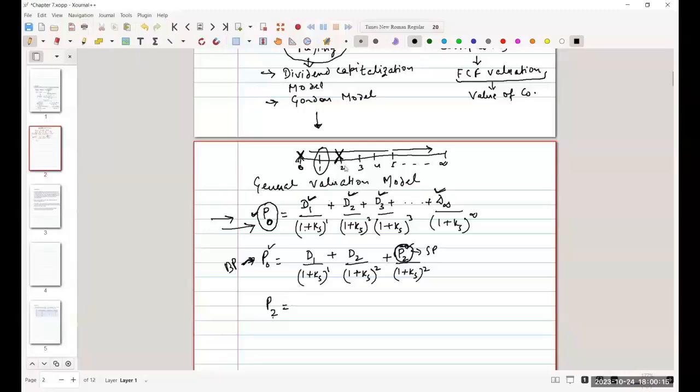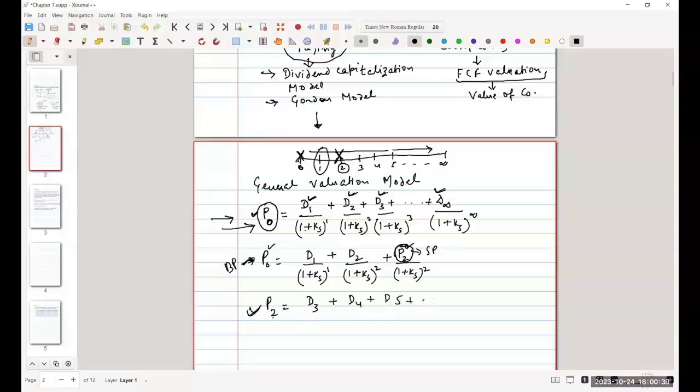So if I'm trying to find out the value of my share at this point in time, time two, which is what I'm wanting to do here, in equation three, then the future begins from time three for me. So I'm looking at P2 now as a function of all the dividends that are likely to come in the future, which begins from time three and then proceeds ahead, right?